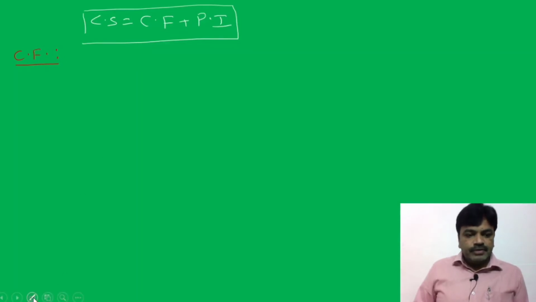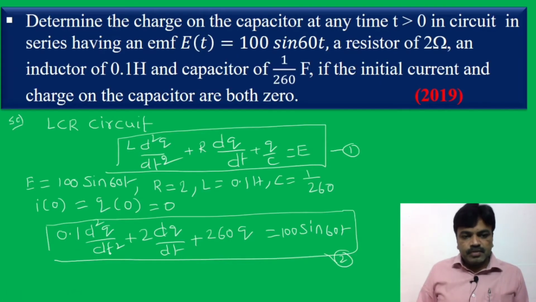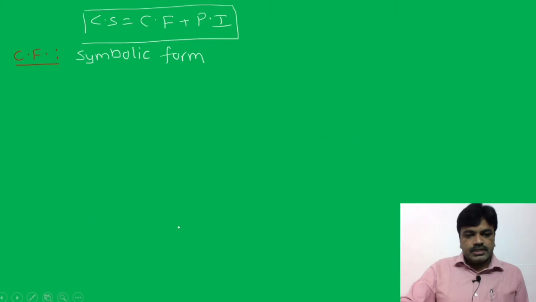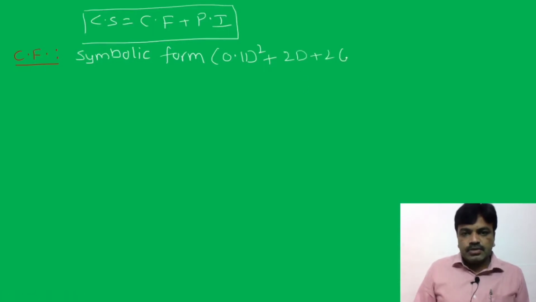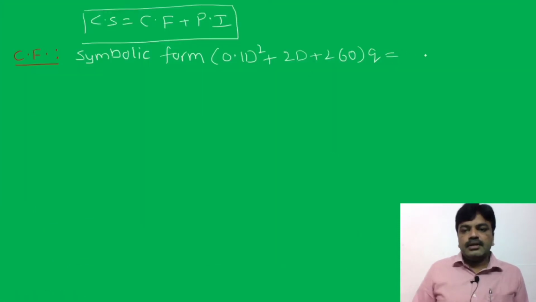In the complementary function, first write the symbolic form. Let us see the symbolic form: 0.1 D² plus 2D plus 260 into q is equal to 100 sin 60t.